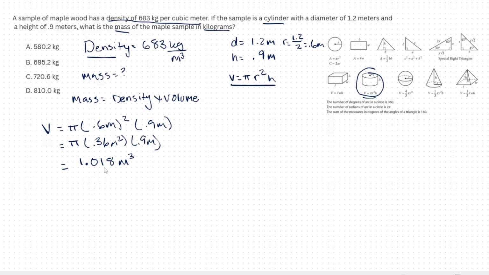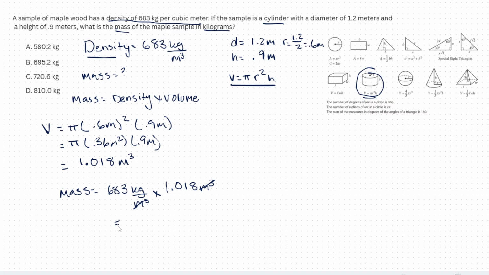Always try to put that pi value in as the pi function on your calculator to get the most accurate answer. Now that we have the volume, and the density is given to us, we can do our mass equation. Mass is equal to our density of 683 kilograms over meters cubed times our volume of 1.018 meters cubed. Our meters cubed will cancel out, leaving us with kilograms, which is perfect because that's what it's asking for.